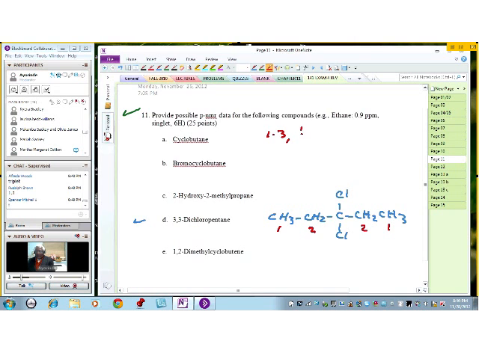Triplet, because it is only seeing 2 hydrogens. So that is a triplet. How many hydrogens? Don't forget this and this are in the same molecule, they are equivalent. 6. There are 6 equivalent hydrogens giving the same chemical shift.